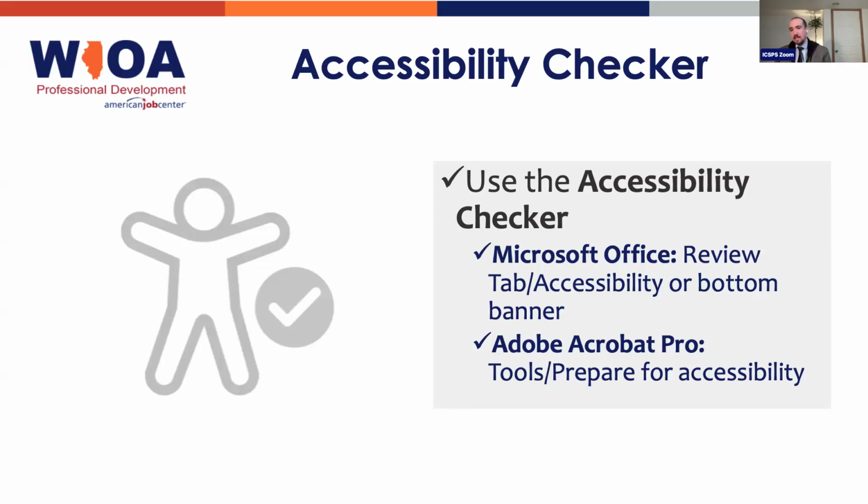If it's a yellow, then use your discretion because sometimes it'll pick up on stuff that you really can't do anything about. Like for example, with this slide deck, there are some things in the template that I can't change because we have to use this template that are inaccessible, and you just kind of do the best that you can. So anything that's red, resolve. Anything that's in a yellow, like a maybe suggestion, you use your discretion. And you do have to use your discretion with a lot of these. You can only do your best.